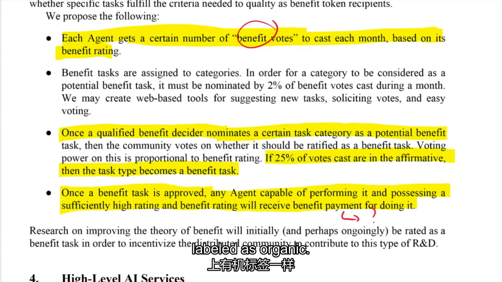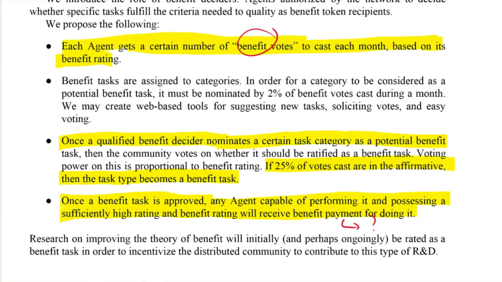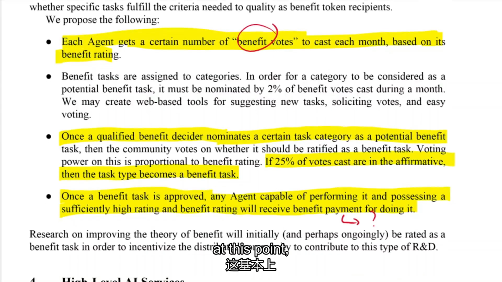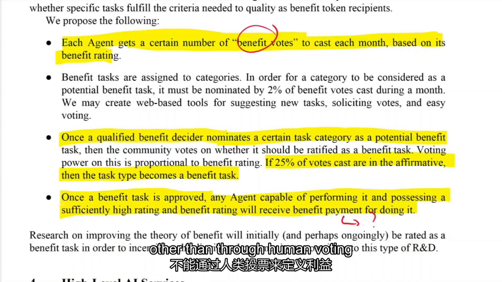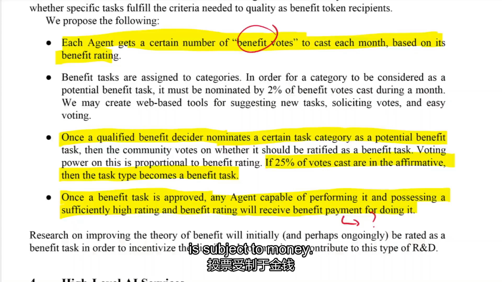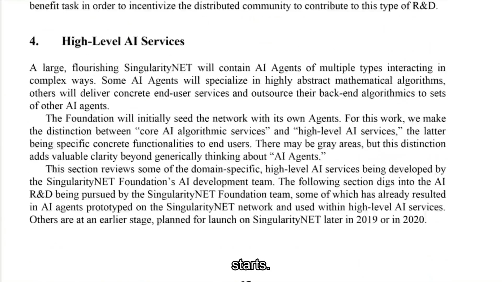Like, they're now labeled as organic. To me, this just seems like a thing that's going to be gamed so hard it's going to become irrelevant. It's basically a political game at this point, because you cannot define benefit other than through human voting, and human voting is subject to money. And yeah, that's how politics starts.